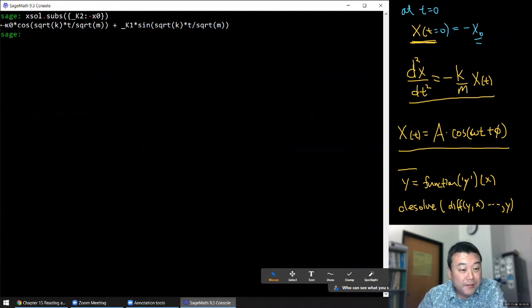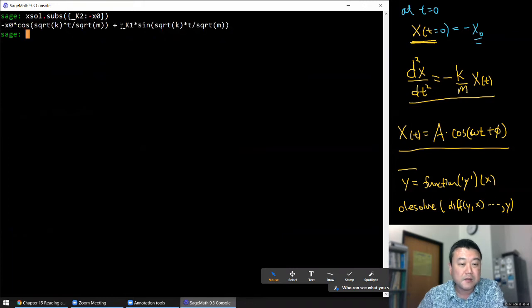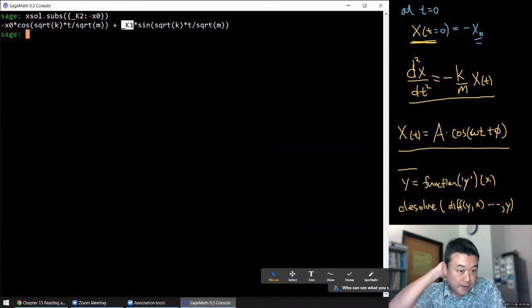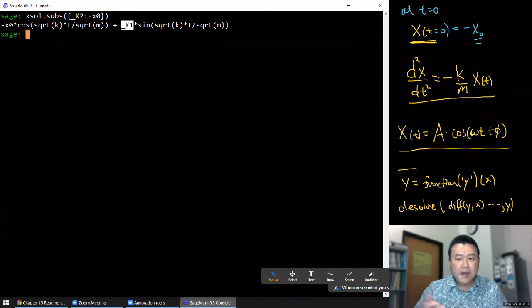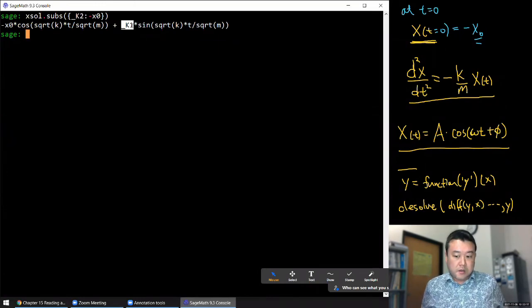And when I do that, you see that we are not done. My solution still has an arbitrary coefficient that still needs to be determined. I hope this is where you see the generality of this solution.